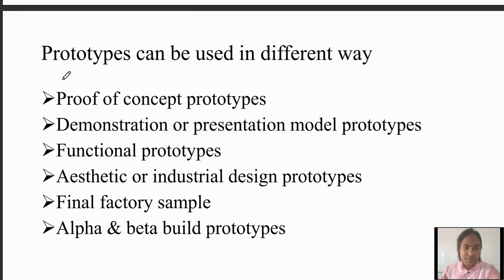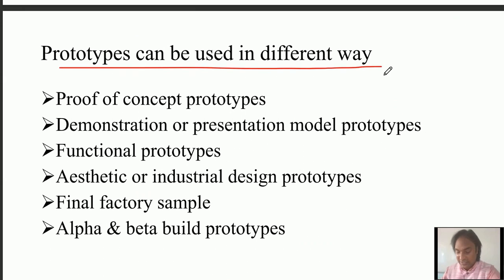So next, prototypes can be used in different ways. See the advantage of having the prototype. Why are we going for rapid prototyping? The reason is, in the global world, the world is changing, customer requirements are also changing, and they are asking for different types, and at the same time a company needs to remain competitive in the market, and for that they need to evolve.